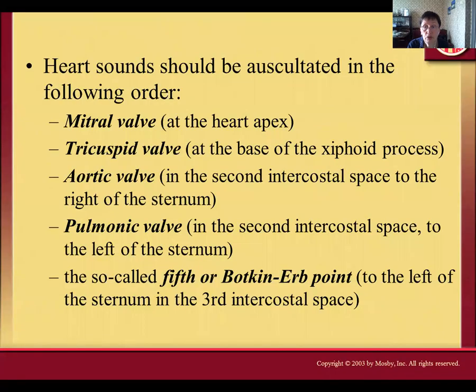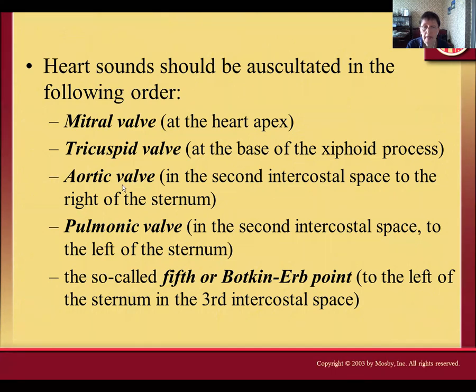So this is the usual order of auscultation of the heart. First of all, we begin from auscultation of the mitral valve at the heart apex. And then we auscultate the tricuspid valve at the base of the xiphoid process.